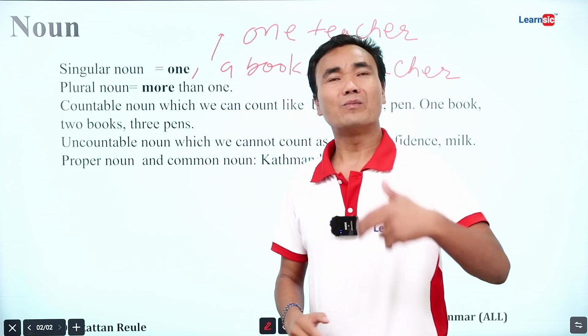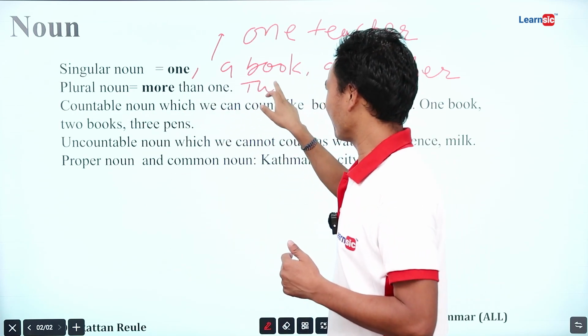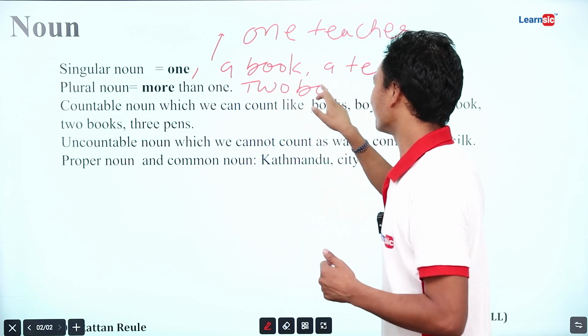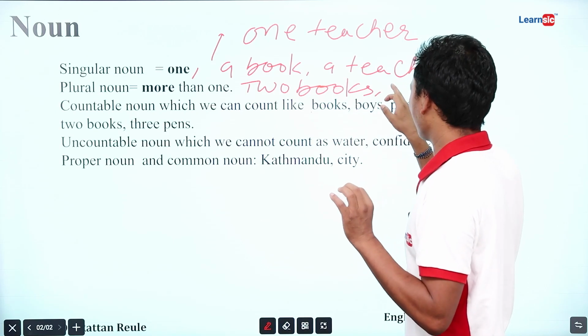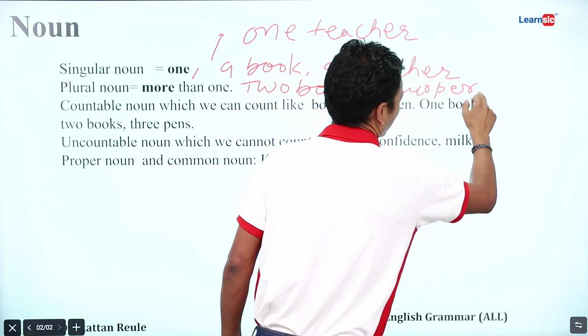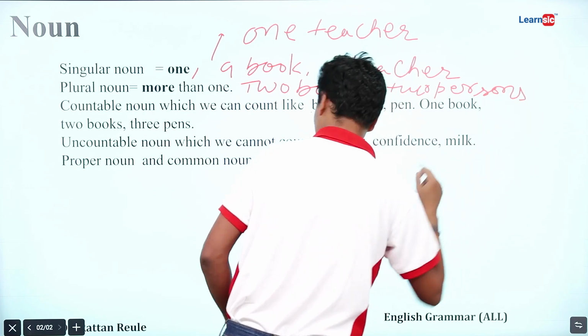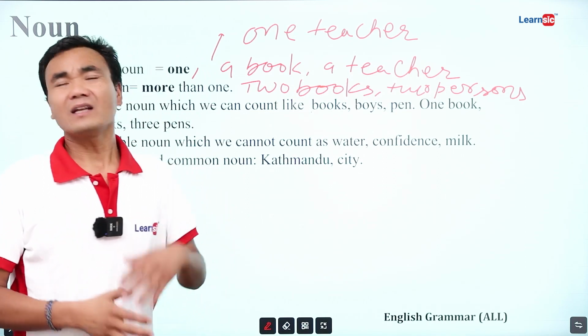Plural noun means more than one. For example, two books, duita kitab, and two persons. These are examples of our plural nouns.